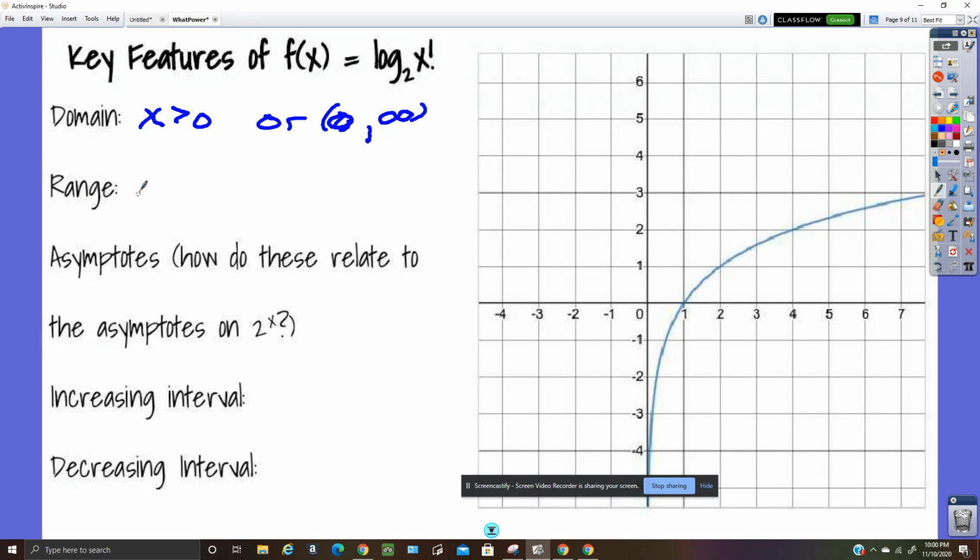And then the range, all real numbers. Or you can say negative infinity to positive infinity. And then the asymptote here would be x equals 0.